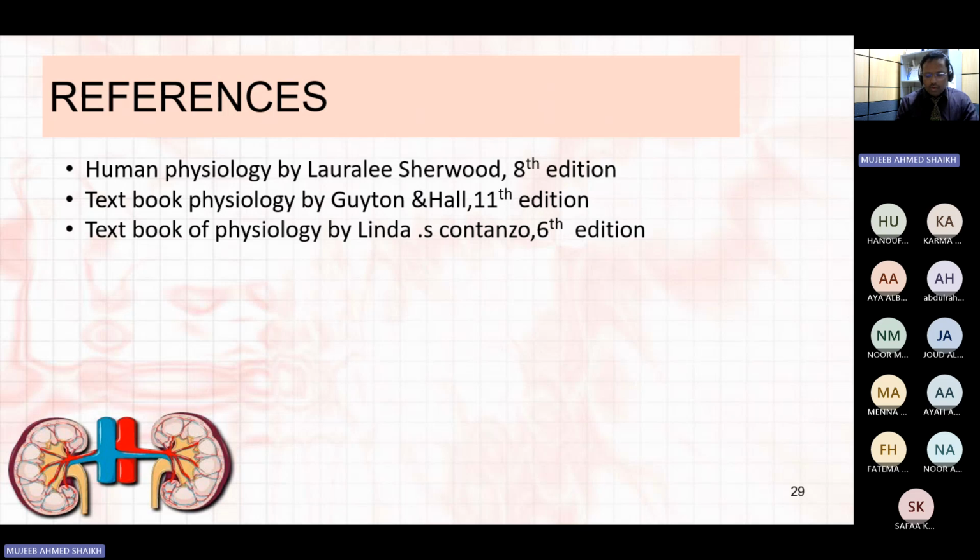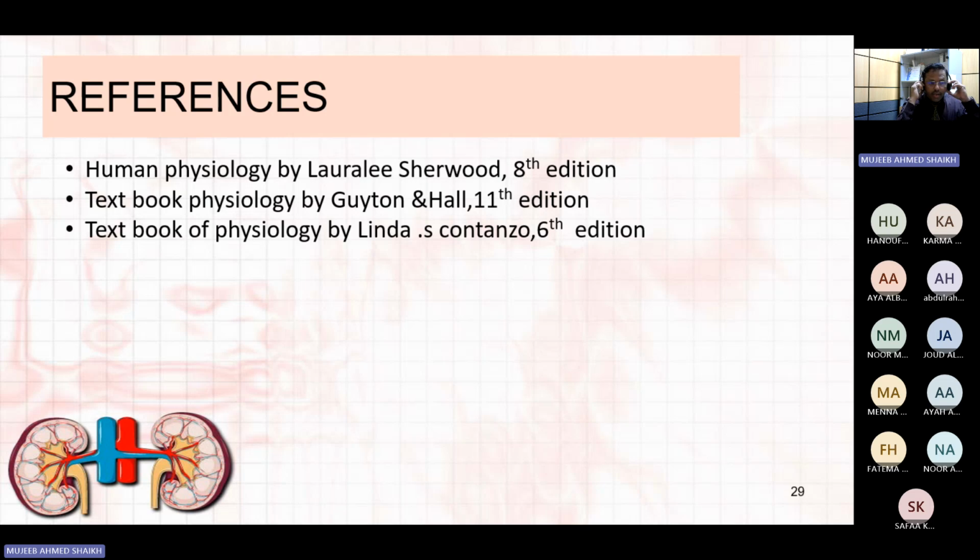This is all about the lecture on reabsorption. We have seen reabsorption of sodium and water in the previous lecture. In this lecture, we have seen reabsorption of glucose, reabsorption and secretion of potassium. Secretion will again come in the next lecture on potassium. And we have also seen how urea is reabsorbed, plus a little bit about how the chloride ions are reabsorbed.